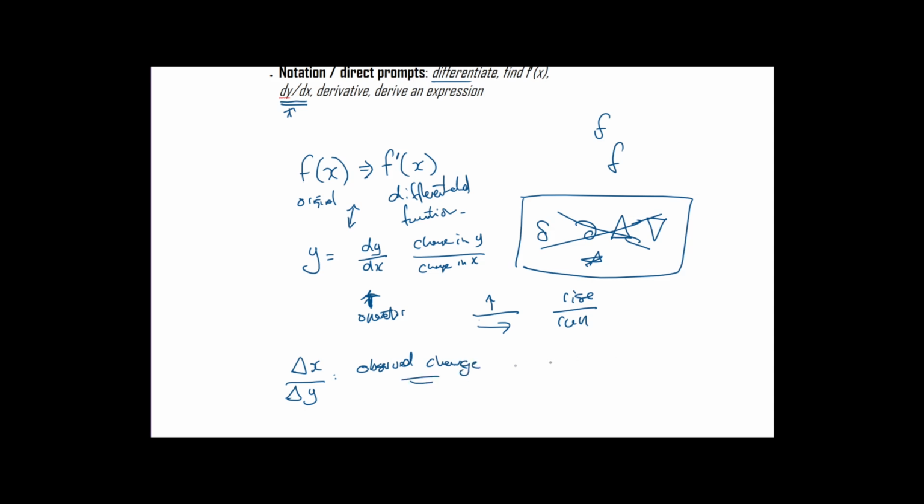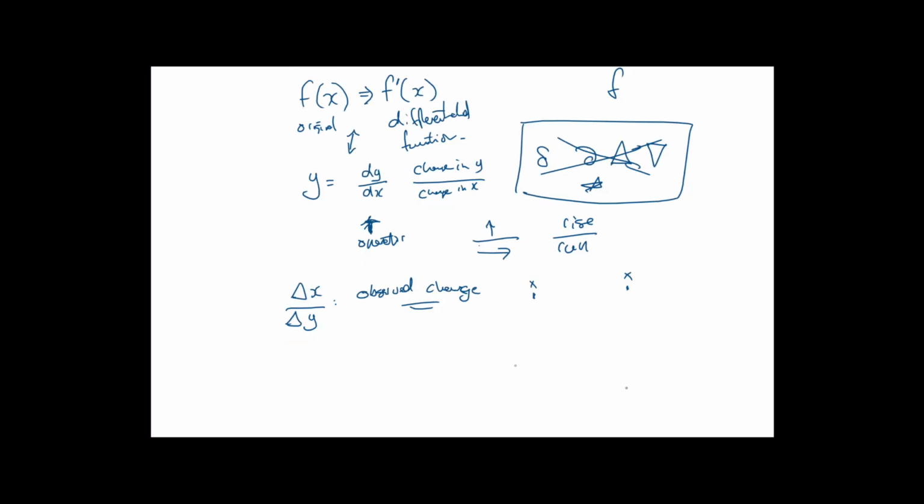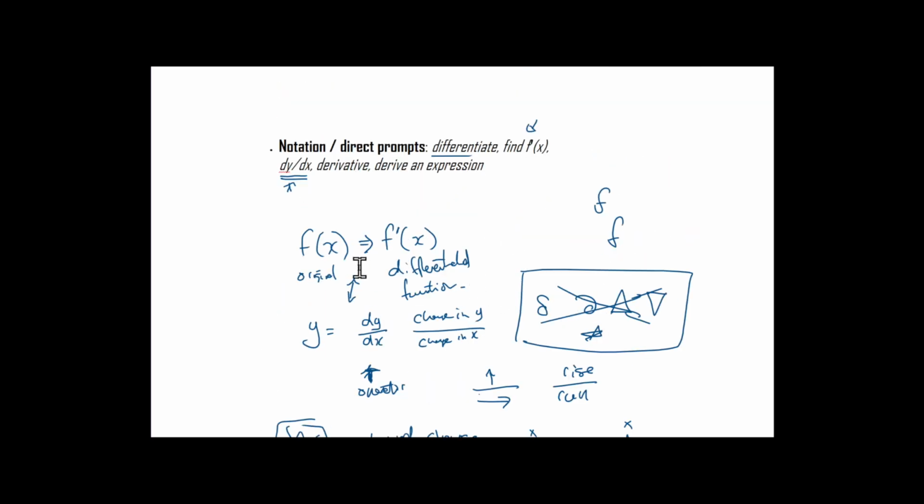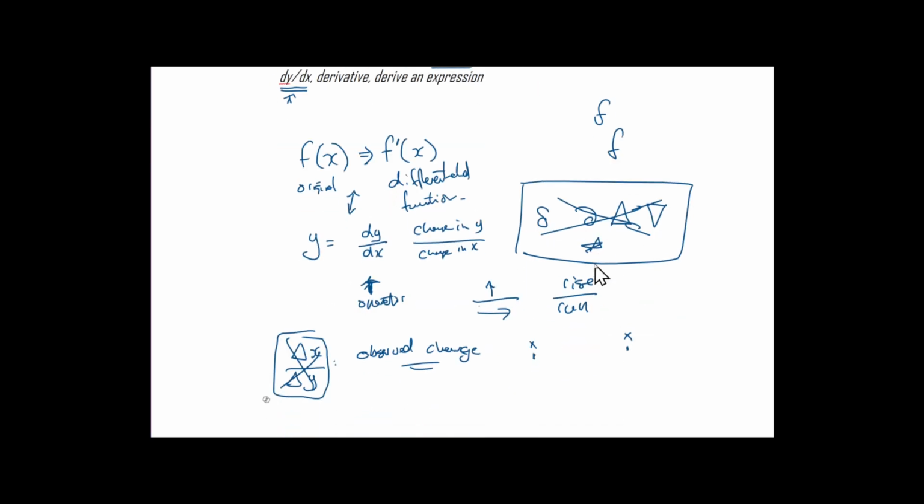Say you're timing something, and at the start, it's at this position, and after such and such time, it's at this position. That's when you would use these symbols, but until then, don't use those. Stick with dy over dx, but more preferably, stick with f of x, f dash of x.